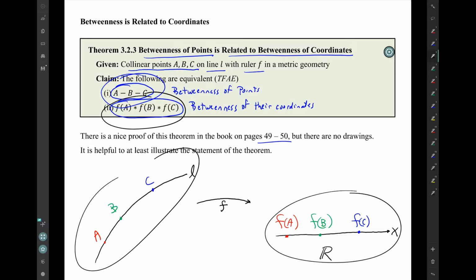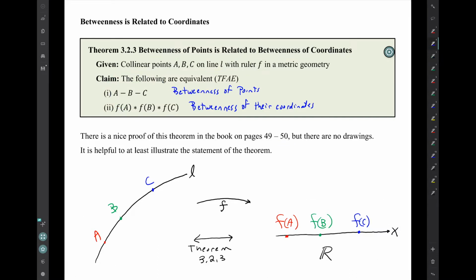So we can convey that by doing something like this with our drawing. So there is a way of illustrating an equivalence theorem. You draw a picture corresponding to each of the statements that are being declared to be equivalent, and you just add something like this to convey that they're being shown to be equivalent.